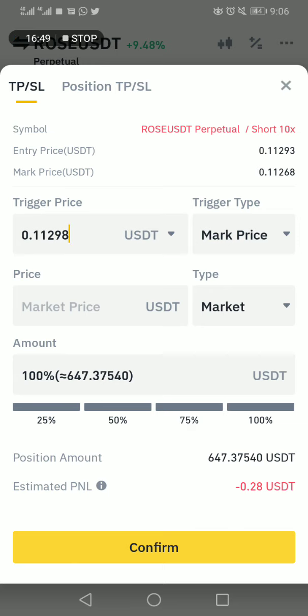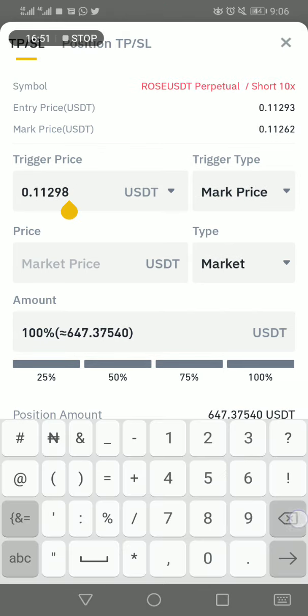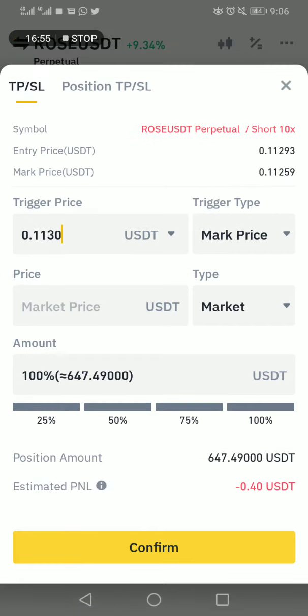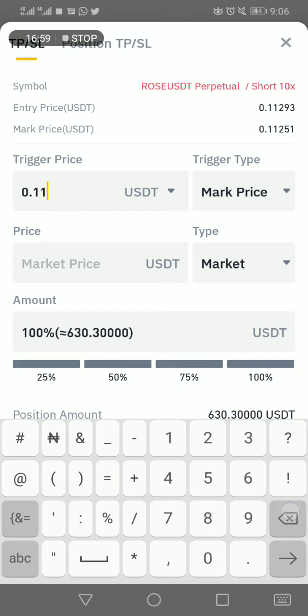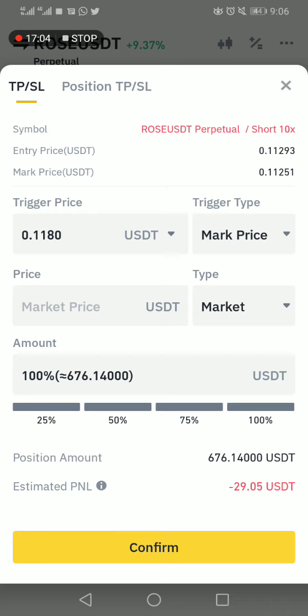Let's say this is our stop loss, okay? But you might want to set it at 30 in case the market retraces too far, or even more. You can even set it at 80 in case the market goes too far and then goes back again to your normal prediction.